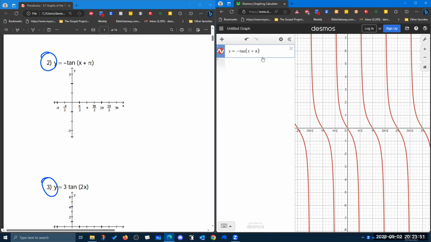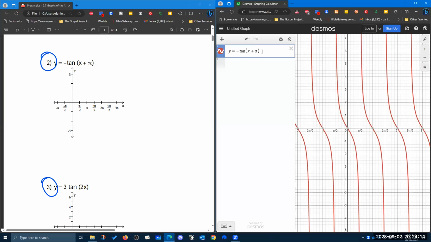Take a look as if I just got rid of this, and it's the same graph. So you didn't do anything because pi is the period of tangent and cotangent, that you shifted it so that the lines are right on top of one another.